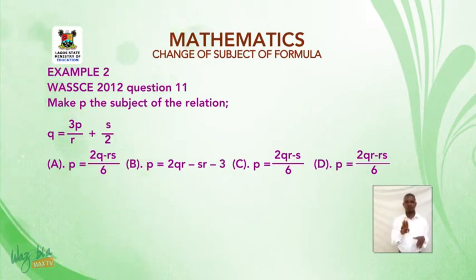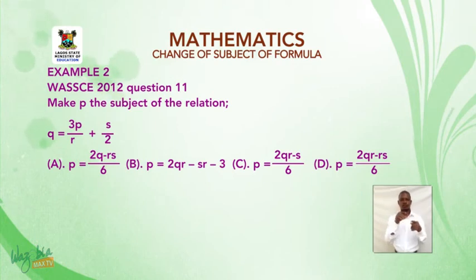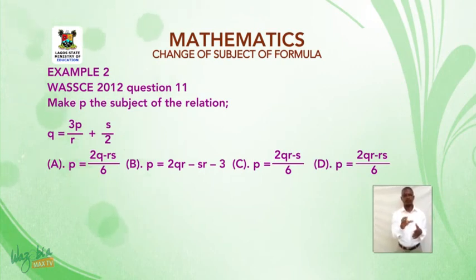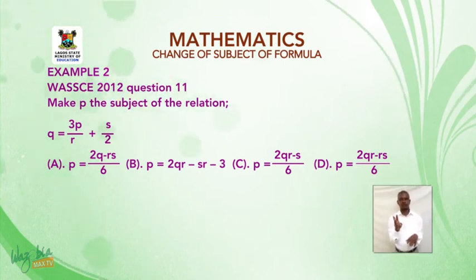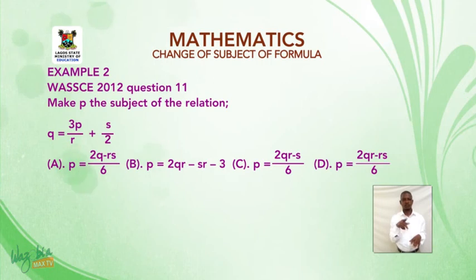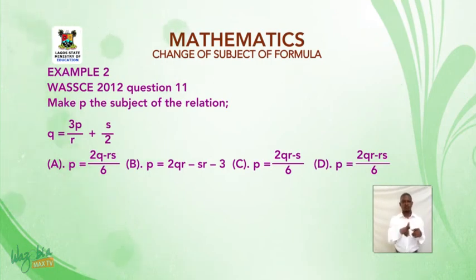B. P is equal to 2QR minus XR minus 3. C. P is equal to 2QR minus R over 6. D. P is equal to 2QR minus RX over 6.